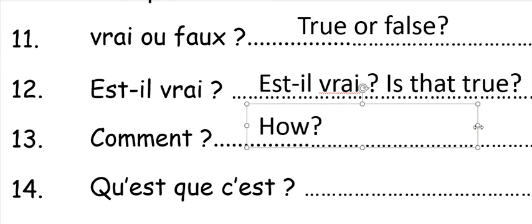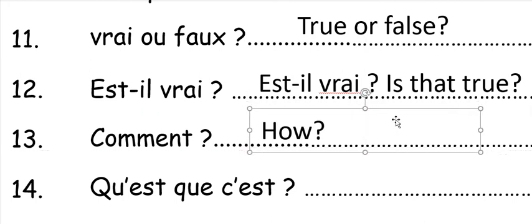How did you arrive here? You can say comment and then you use est-ce que sometimes. But let's say when something happened and then you didn't expect it to happen, you say comment? Did he do that? Comment? How? Okay.